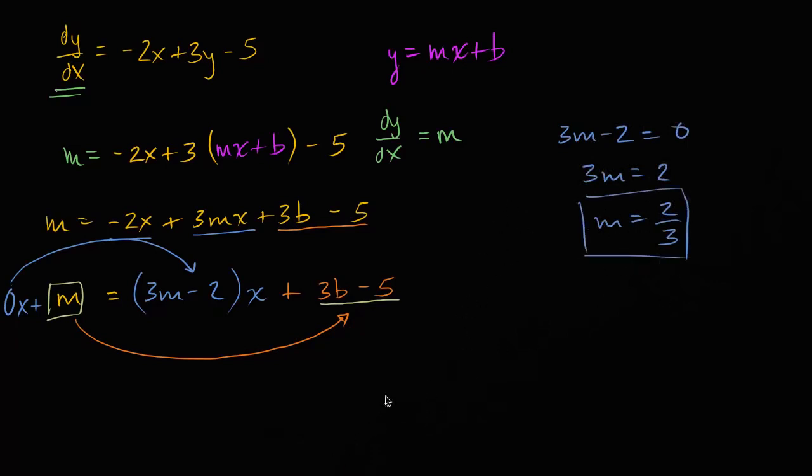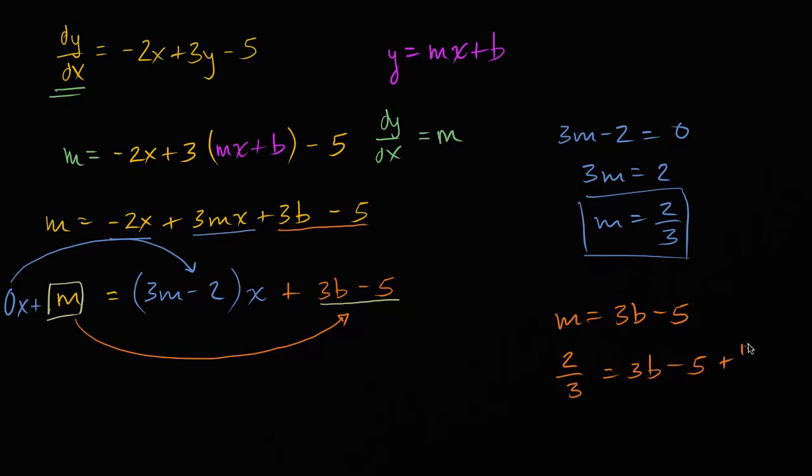Then we could use that information because we know that m is equal to 3b minus 5. M is 2/3, so we get 2/3 is equal to 3b minus 5. We could add 5 to both sides, which is the same thing as adding 15/3 to both sides. Did I do that right? Yeah, adding 5 to both sides is the same thing as adding 15/3 to both sides.